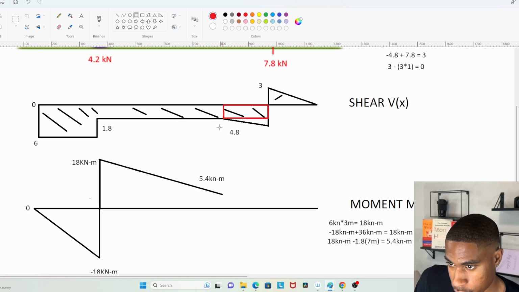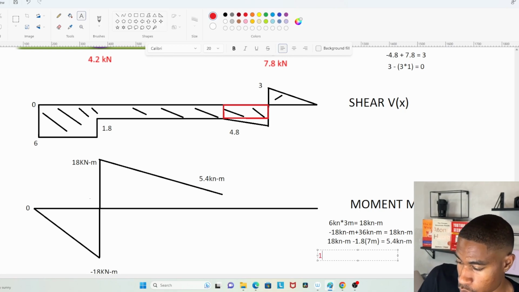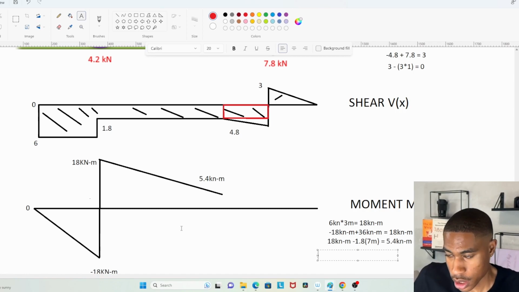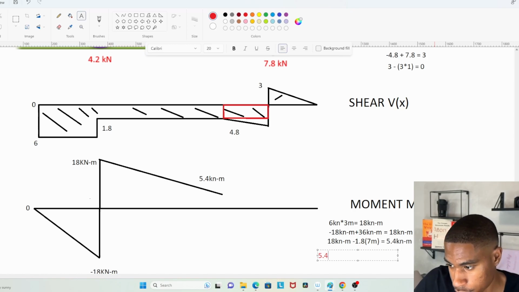The first part of it is our 1.8, all right? Actually, I'm sorry. We're going to start with our 5.4 kilonewton meters. And then we're going to subtract, because that's where our area is currently at.